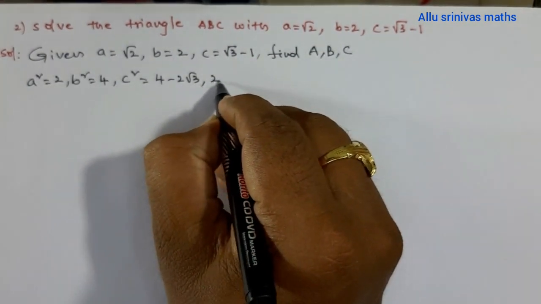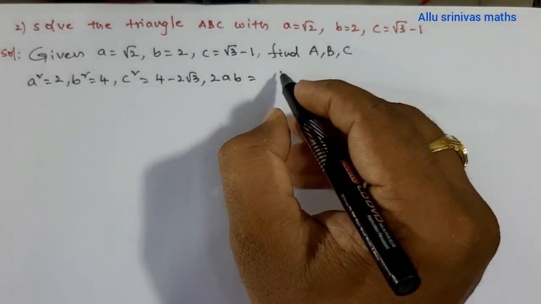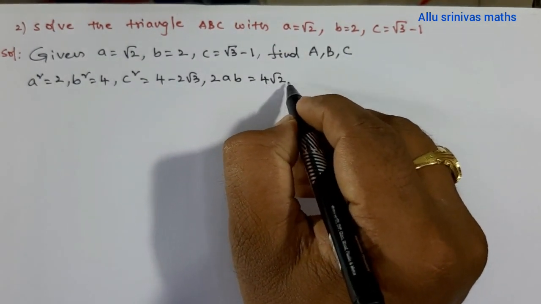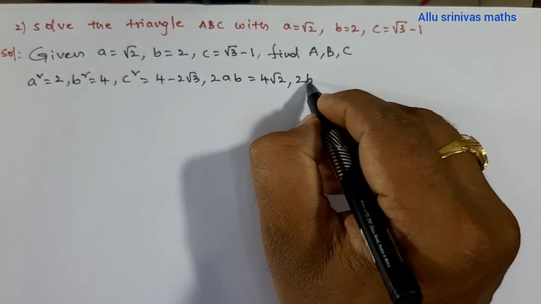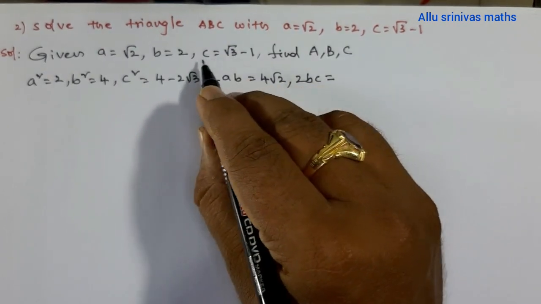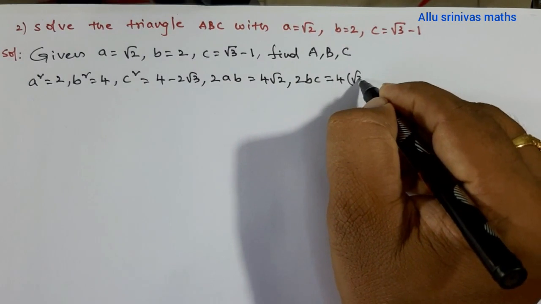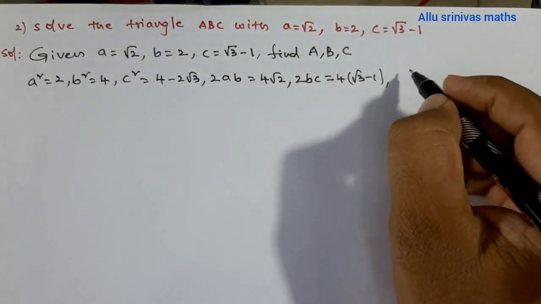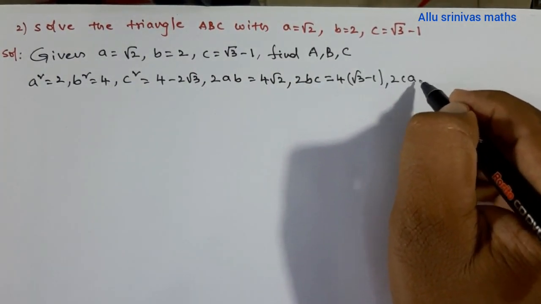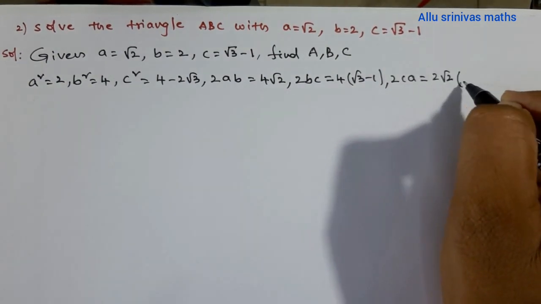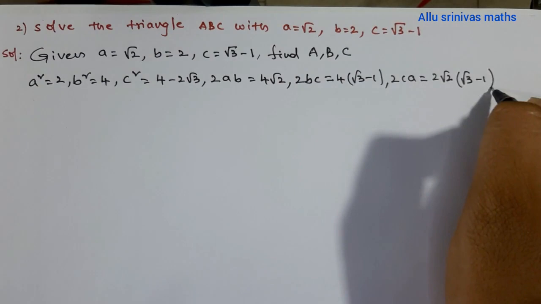Next we write 2ab, which is 4 root 2. Next we write 2bc: 2 times 2 is 4, 4 of root 3 minus 1. Next we write 2ca: 2 root 2 into root 3 minus 1.